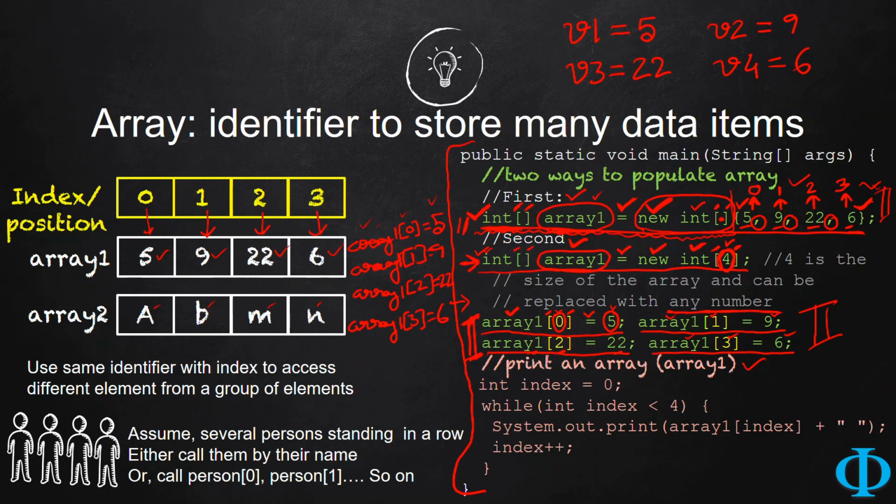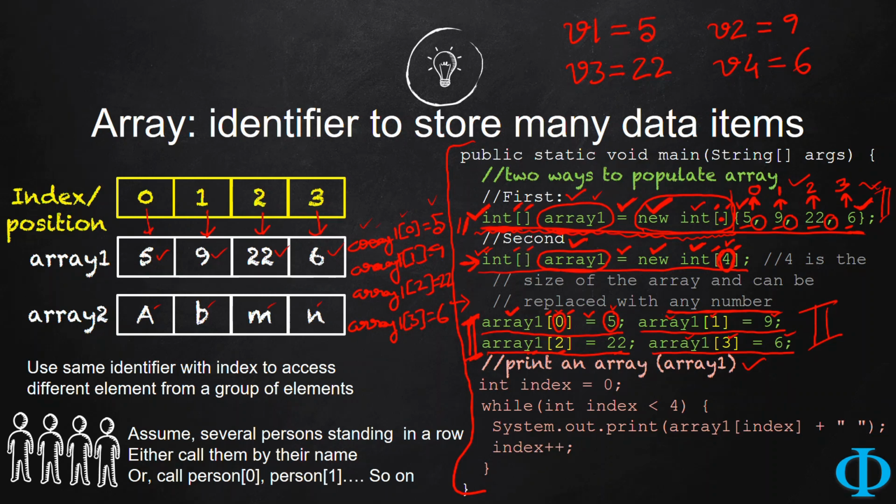Now let me ask you the question, how are you going to print all the values stored inside all the variables? You do not have any other option but to use the system.out.print statement 4 different times.